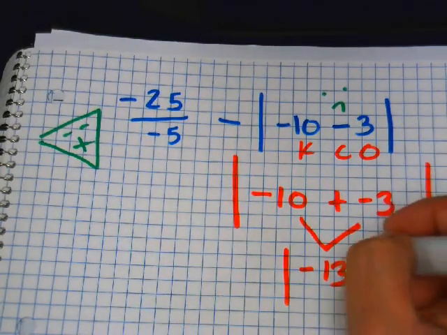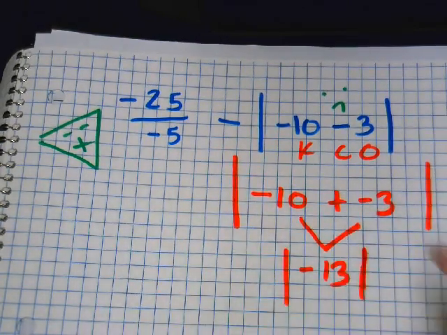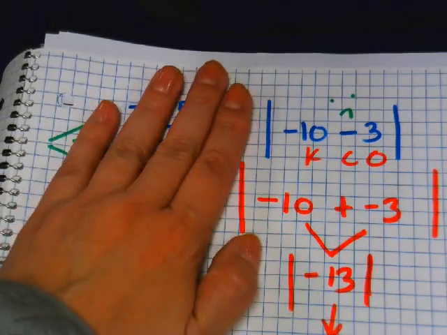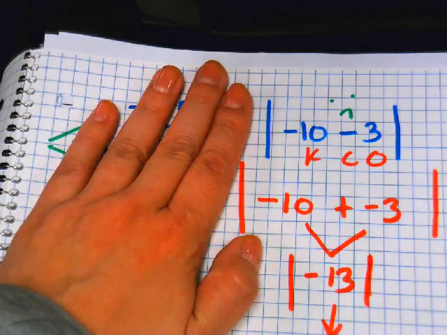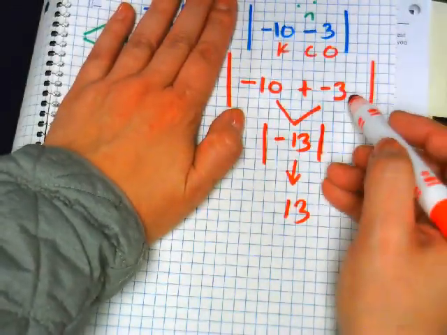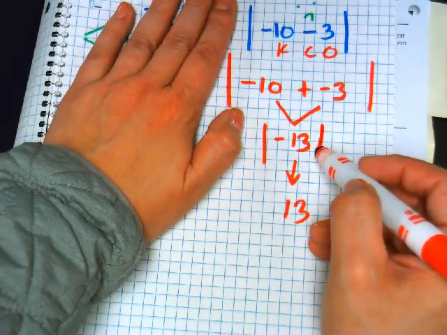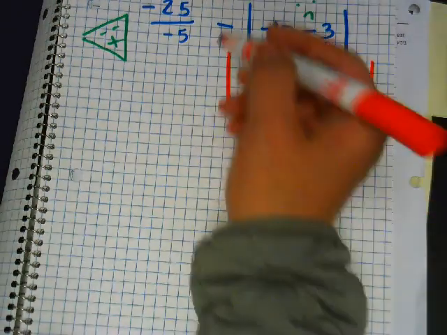Now you ask yourself, what's the absolute value of negative 13? 13. So that's this problem, right? That's 13. Keep, change, opposite. You add them because they're the same sign. Then once you take the absolute value, you get 13. Now you drop down everything.